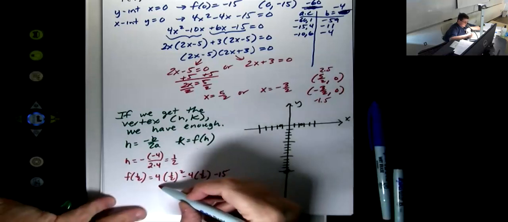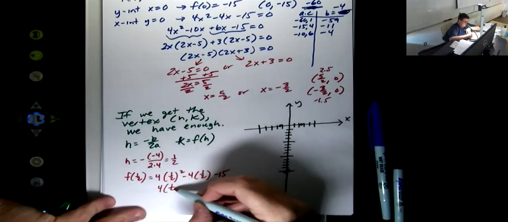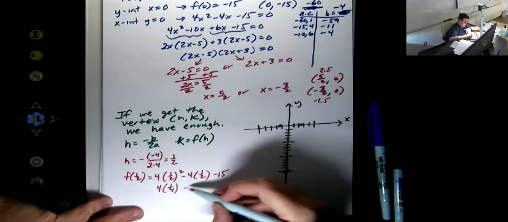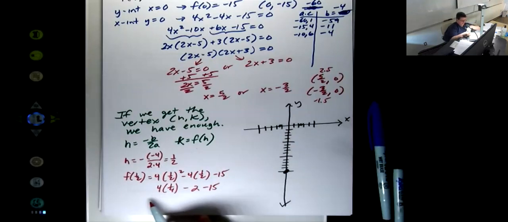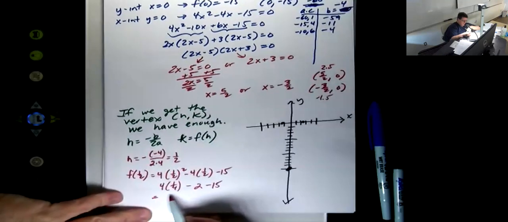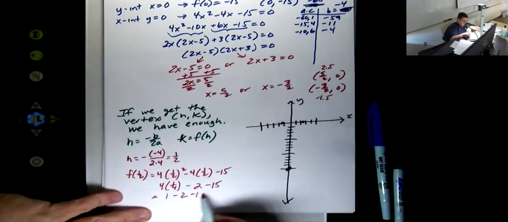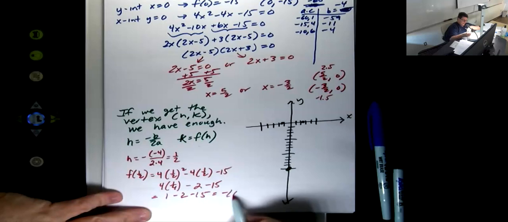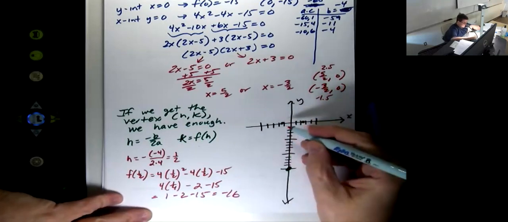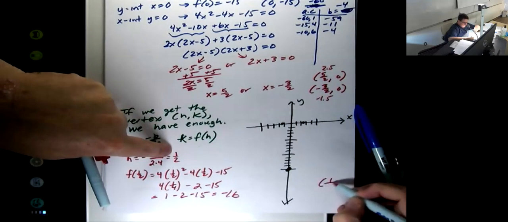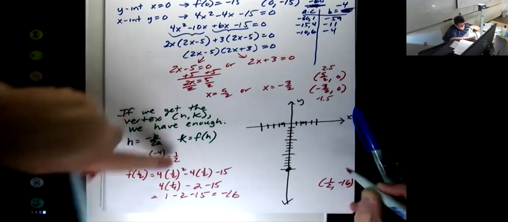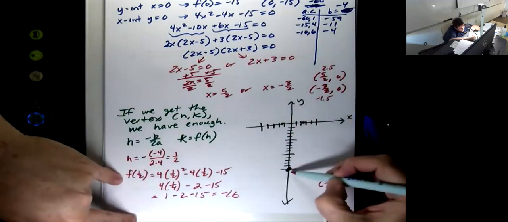One half squared is 1/4. 4 times 1/2 is 2. This ends up being 1 minus 2 minus 15, which is -16. At h equals 1/2, we've got a point at 1/2, -16. Right there.